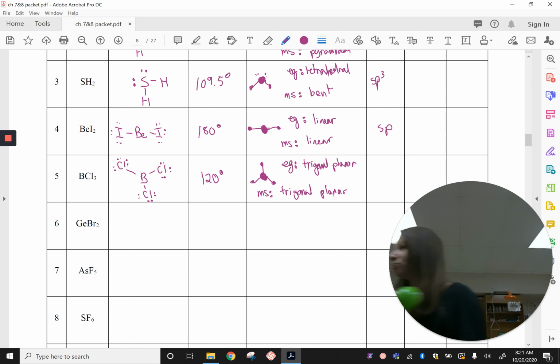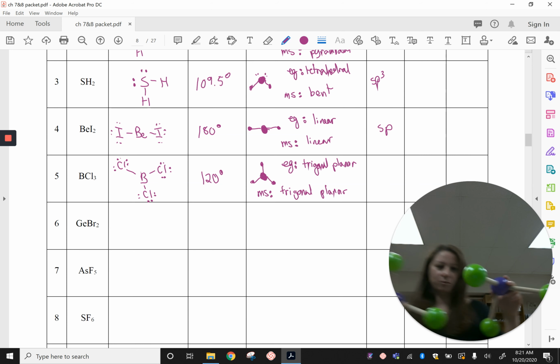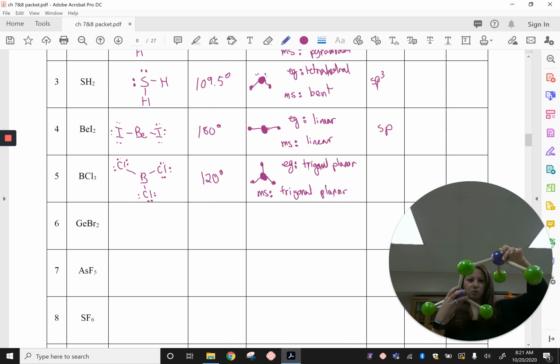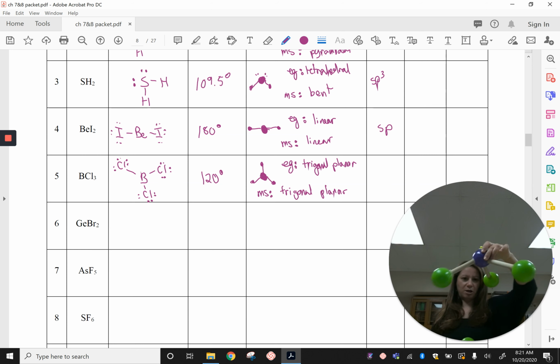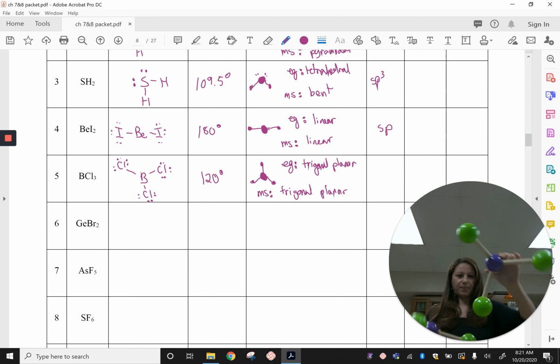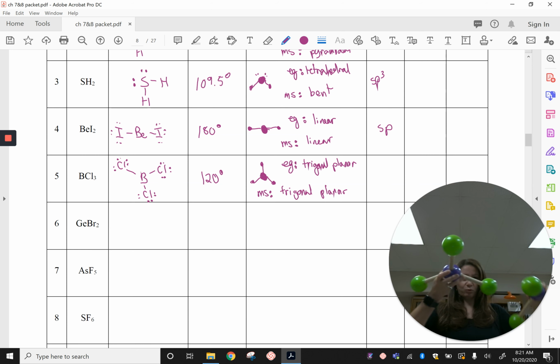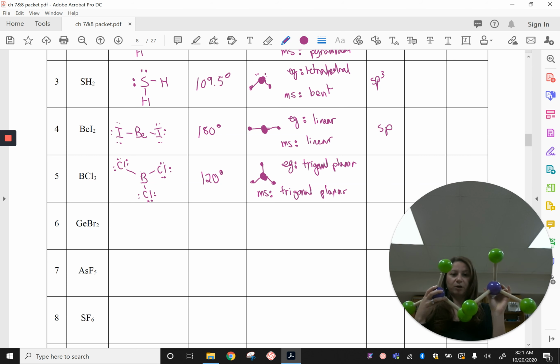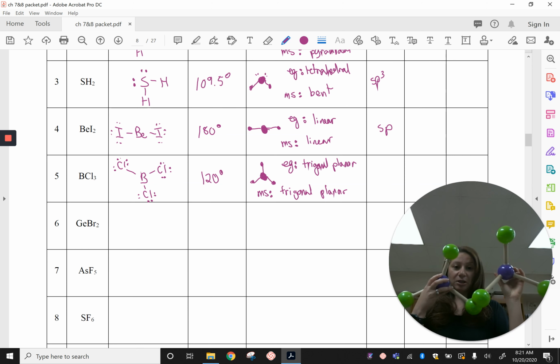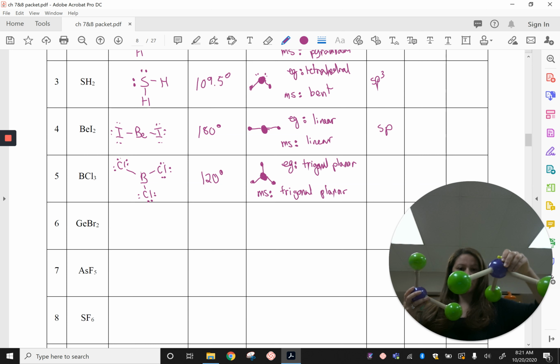Now compare this to trigonal pyramidal. If you remember, this was my trigonal pyramidal right here. This is my trigonal planar right here. What's the difference between them? They're both base 3, but the angle is different. This one's trigonal pyramidal because it looks like a pyramid. It's pushed down like a pyramid.